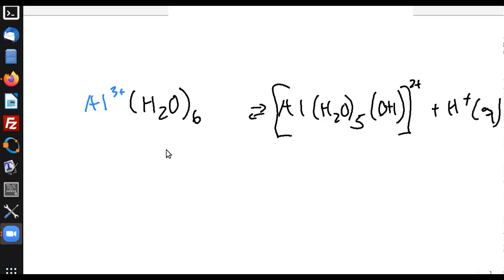So this is possibly a simple expression for showing that charged ions, positive ions, in water solution are able to work as Brønsted acids.